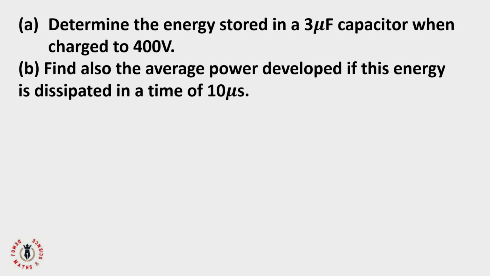Our question says, determine the energy stored in a 3 microfarad capacitor when charged to 400 volts. Remember we said E is the same thing as half CV squared. That will be equal to half times C, which is 3 times 10 to the power minus 6, times 400 all squared.